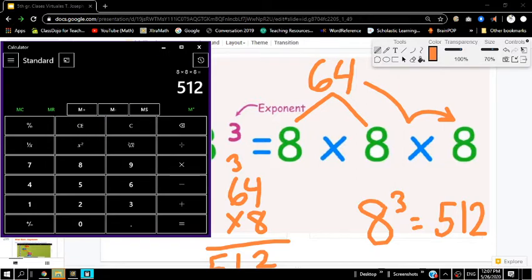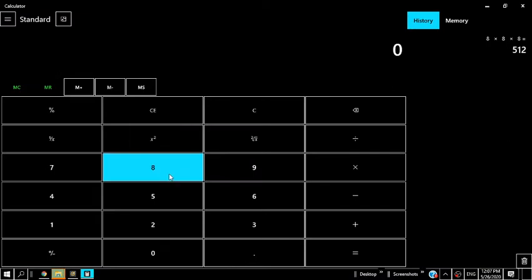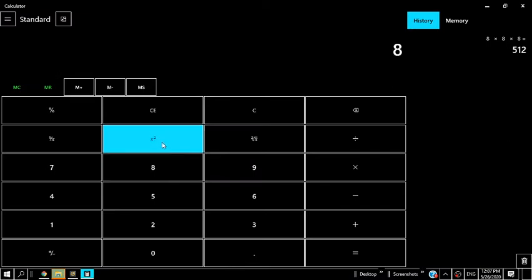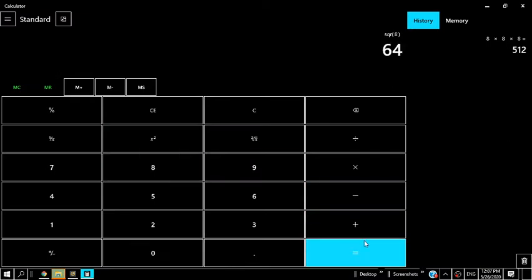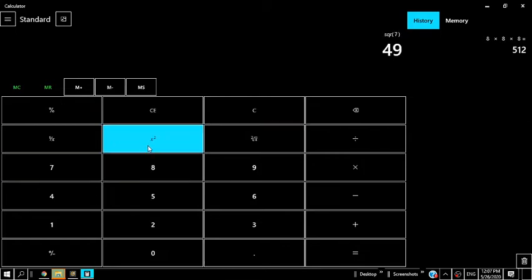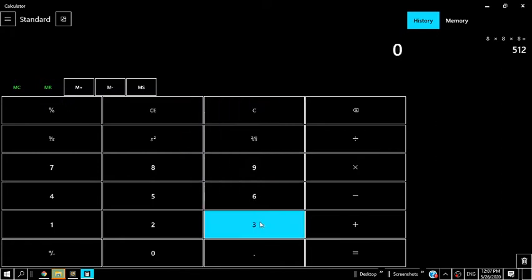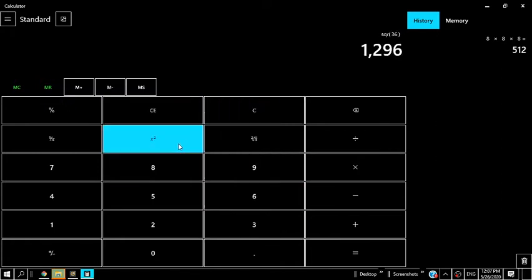If we wanted to take 8 squared, that would give us 64. Or for example, 7 squared is just 7 times 7, which is 49. Or 36 squared is 36 times 36, which is 1,296.